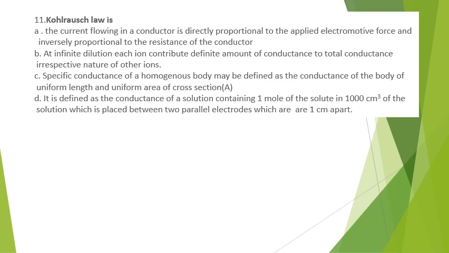Option C, specific conductance of homogeneous body may be defined as the conductance of the body of uniform length and uniform area of cross section E. Option D, it is defined as the conductance of solution containing 1 mole of the solute in 1000 centimeter cube of the solution, which is placed between two parallel electrodes which are 1 centimeter apart.